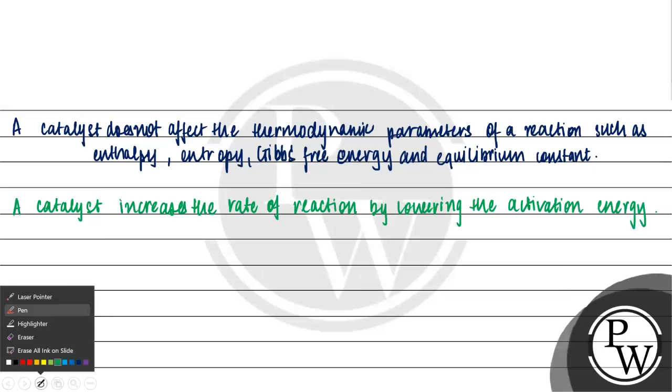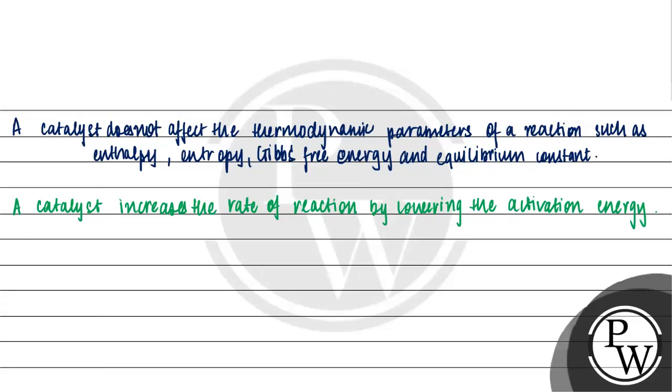If we look into the graph, let us make one graph. On the Y axis we have energy and on the X axis we have progress of reaction. Suppose these are the reactants.